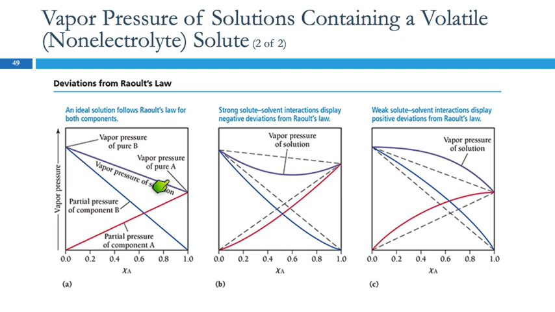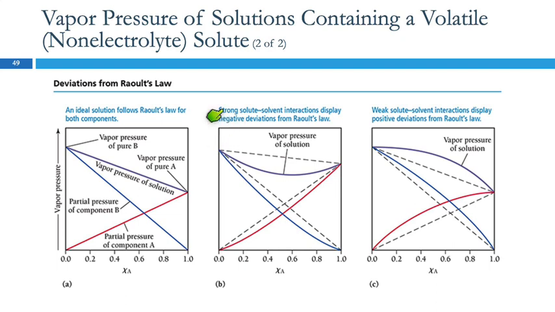The purple line is the total vapor pressure of the solution, which is just adding the blue and the red line together. So that's what happens if there's no interference by interactions between the particles.